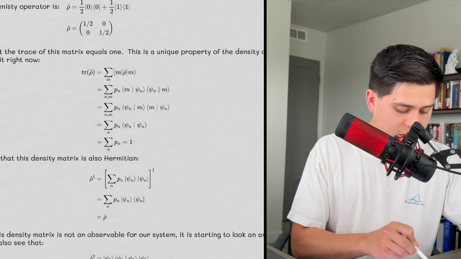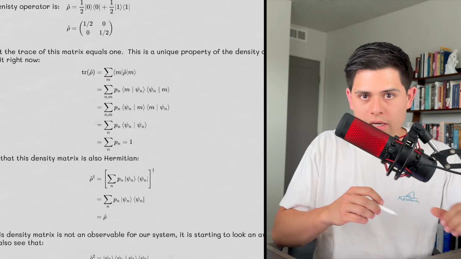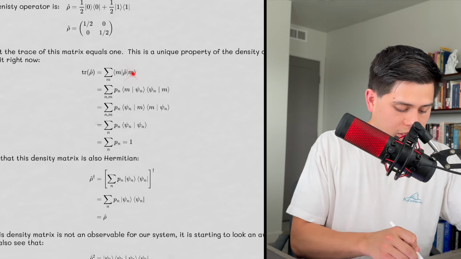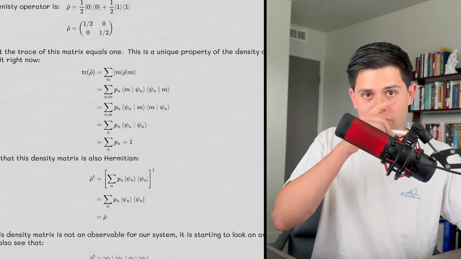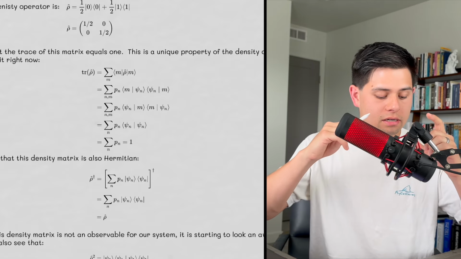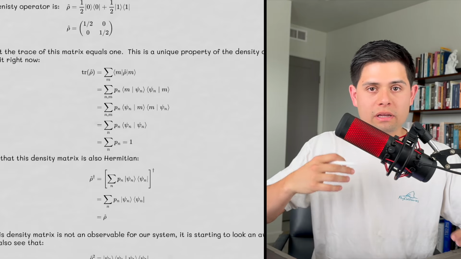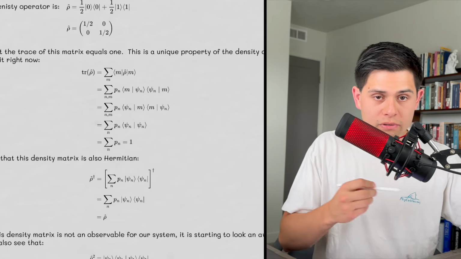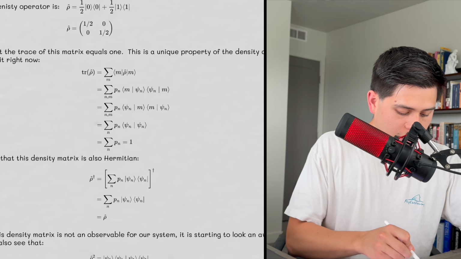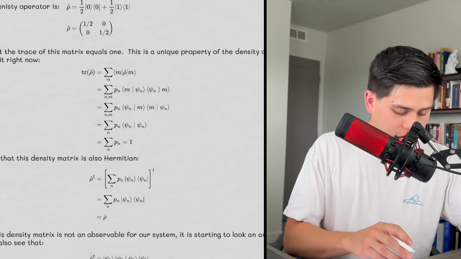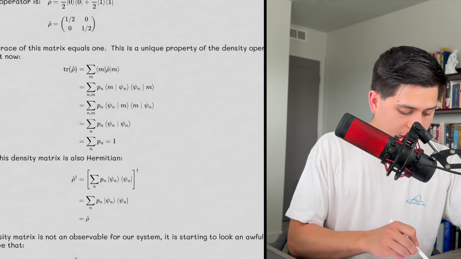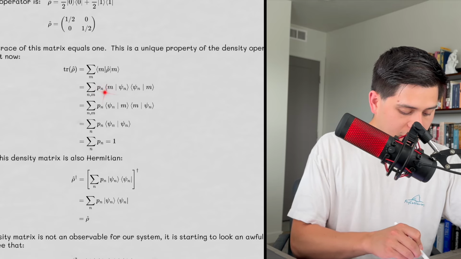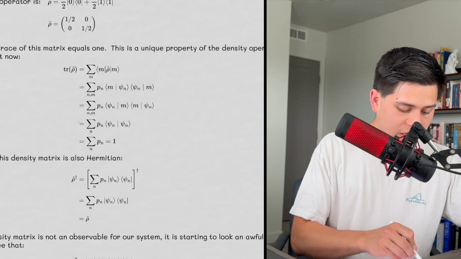The trace, formally, within the context of its components, is the sum of the diagonal components of any matrix. We can use the completion relationship again, put these two in here, do the sandwiching, and this here is going to be our probability of finding those states.